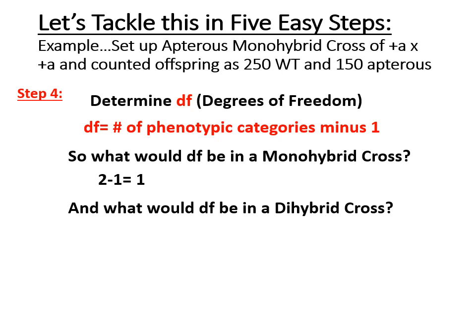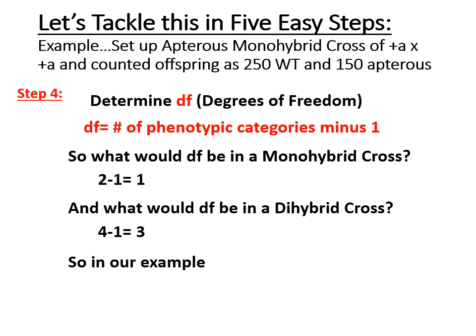Or some people call it Apterus sepia. Either way, there's the wild type, there's individual mutant 1, individual mutant 2, and the double mutant. So in the dihybrid cross, you have 4 possible phenotypes. And so to calculate the DF, you would do 4 possible phenotypes minus 1. So the DF in any dihybrid cross will be 3.